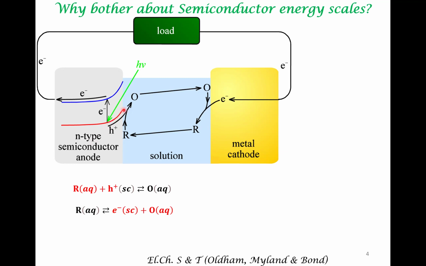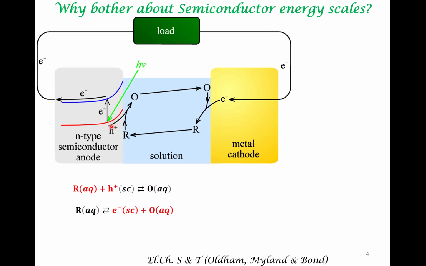So why do we need to compare the energy levels of a semiconductor with the energy levels of redox pairs? Because we are always talking about electron transfer between the electrode and the electrolyte. When a hole transfer occurs from a semiconductor to the electrolyte, electron transfer is occurring from some redox species that is present in the electrolyte to the semiconductor, right?